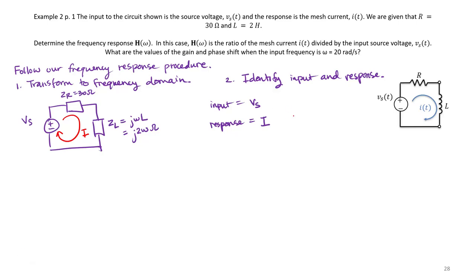We know our response I must be equal to our voltage V divided by Z. In this case, our response must be Vs divided by our 30 ohm resistor plus our j2 omega ohm impedance.